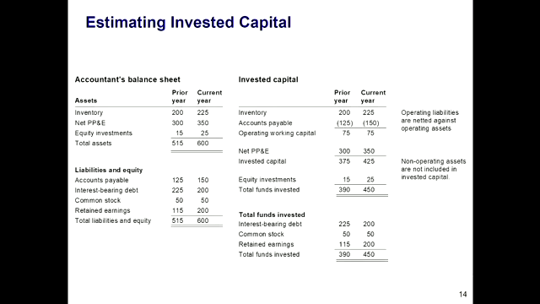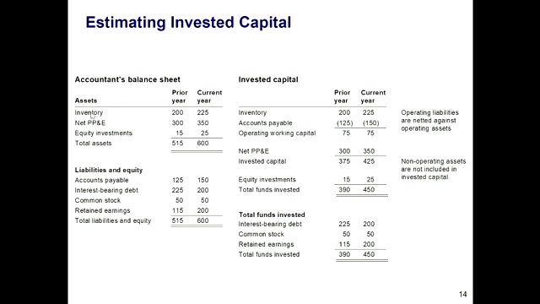This is a simple numerical example of calculation of the invested capital. So on the left, you have the accountant's balance sheet. That's probably what you're going to find with a lot of listed companies.